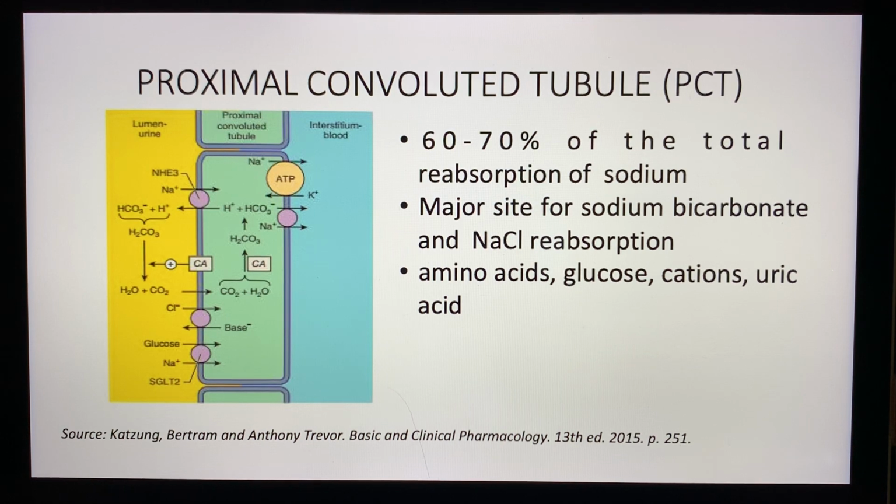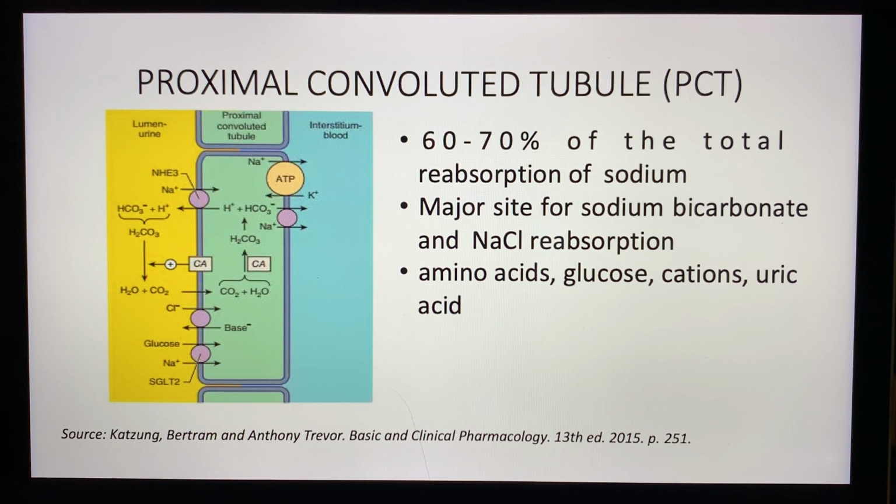Now, first, some things we have to know regarding your proximal convoluted tubules. Always remember this magic number: 60 to 70% of the total reabsorption of sodium occurs in the proximal convoluted tubules.